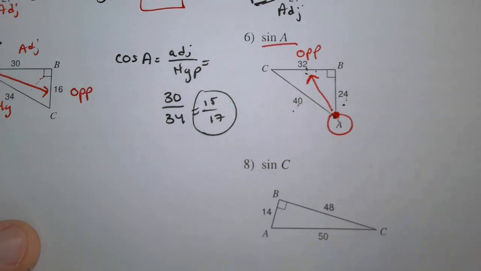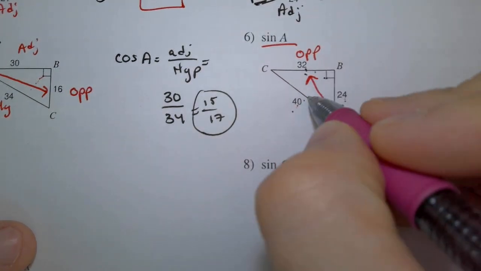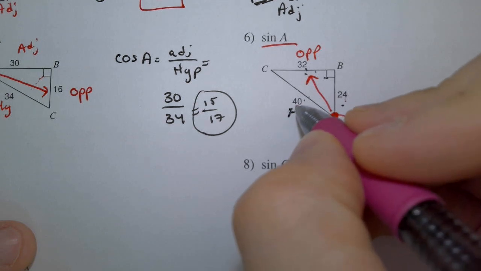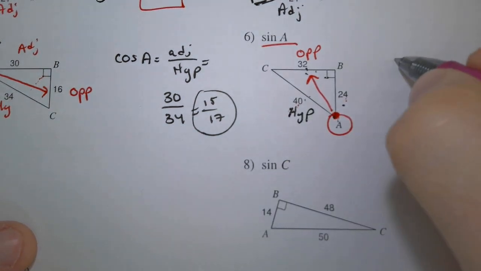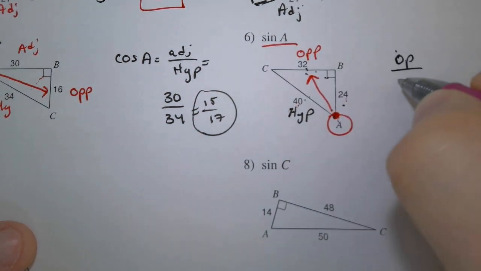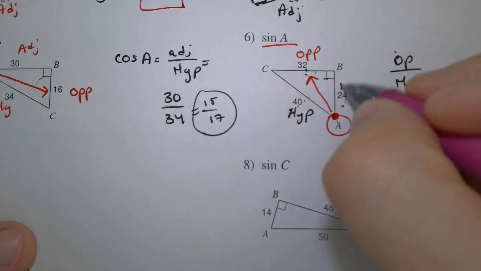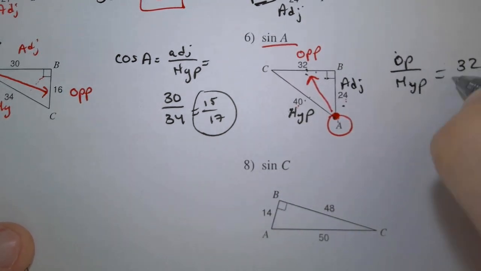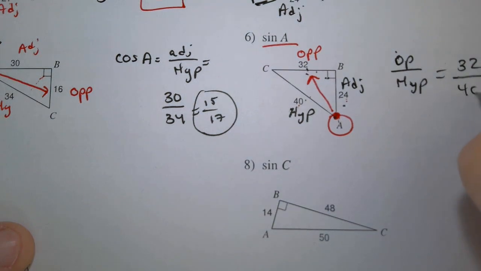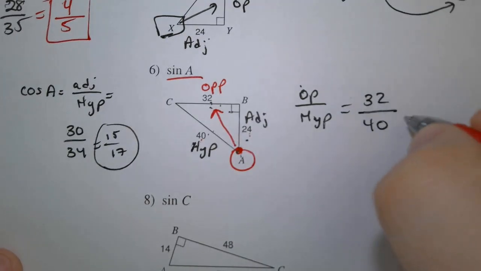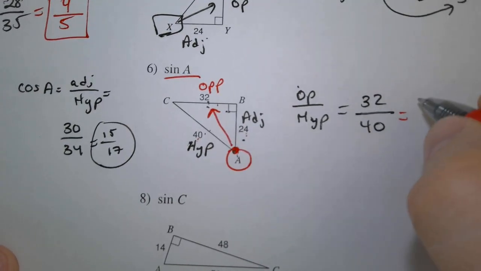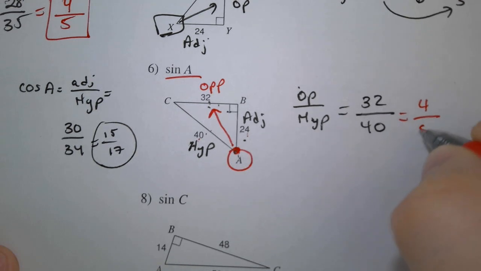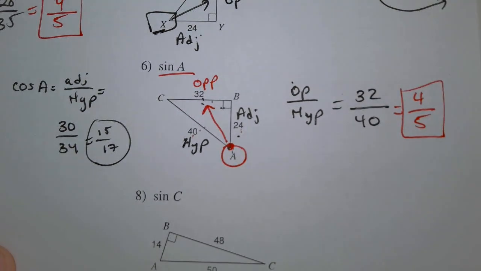The 24 and the 40 are not. Now the 90 across from that is the hypotenuse. Sine is opposite over hypotenuse. So I could label my adjacent, but I don't need it because it's only going to be the opposite, which is 32, and the hypotenuse, which is 40. Both of these divide by 8. You get 4 over 5 when you divide everything by 8.